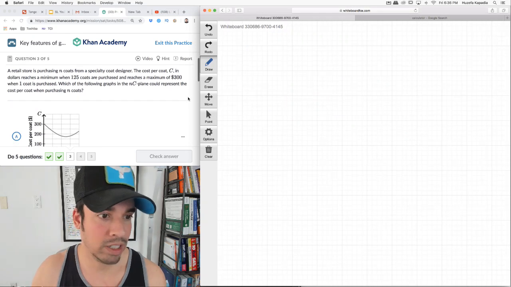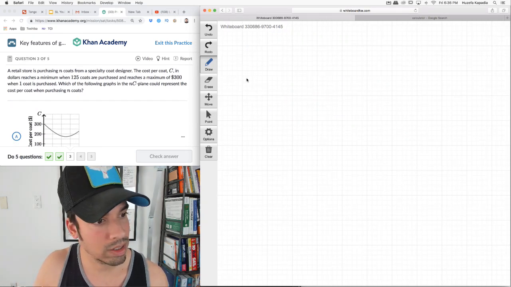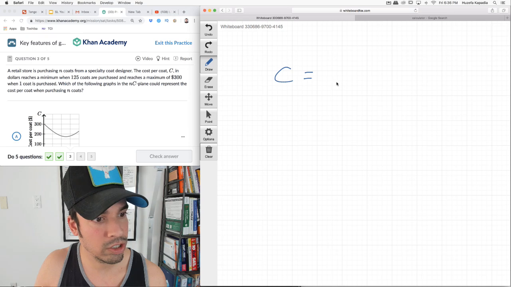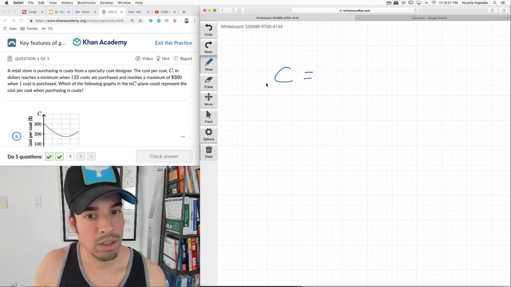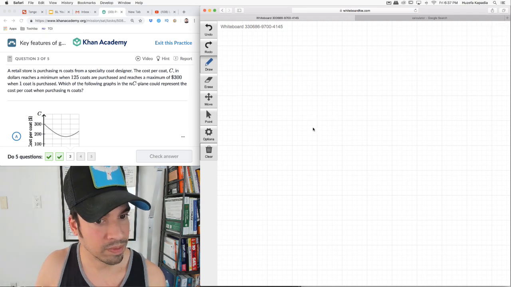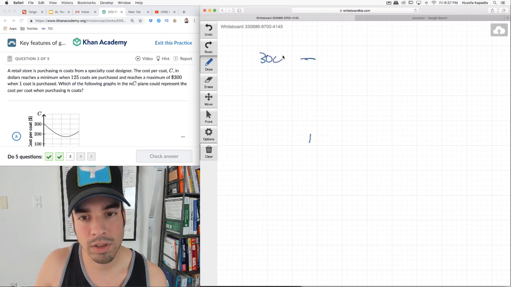A retail store is purchasing n coats from a specialty coat designer. The cost per coat, C, in dollars reaches a minimum. Okay, so again, this is a graph. Let me try and write this out. So one coat, it reaches a max of 300.